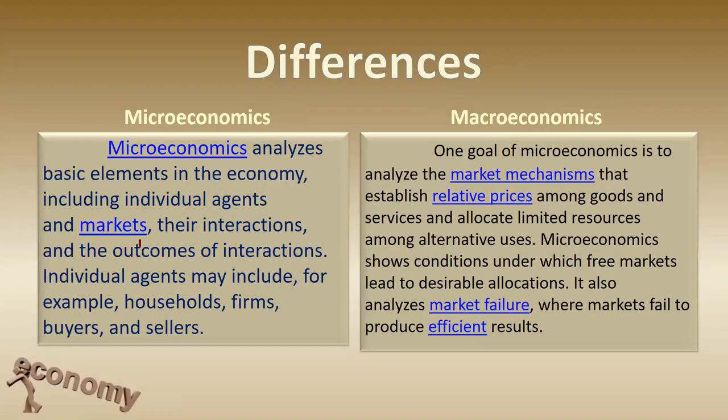It goes into detail on how an individual reacts in a particular situation, how a household is consuming, how a firm is producing, how a buyer is buying any good, or how a seller is selling any particular good. All these studies come under microeconomics.